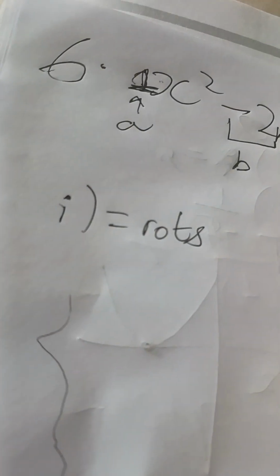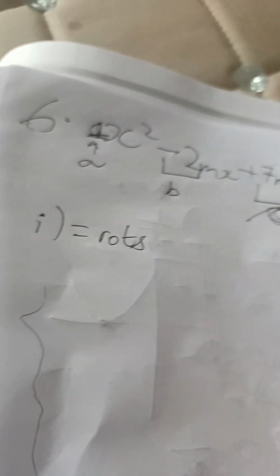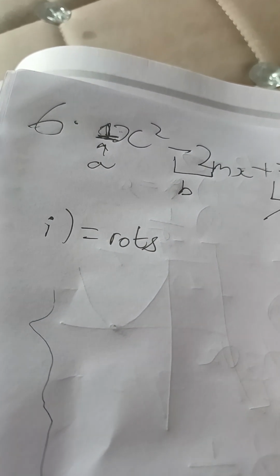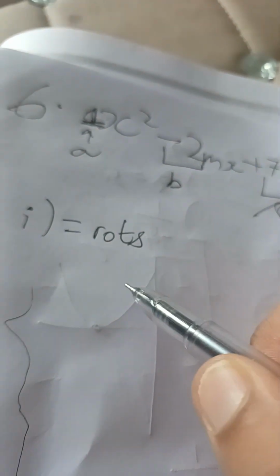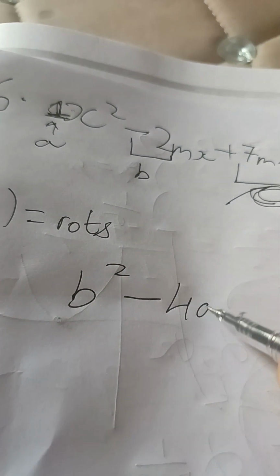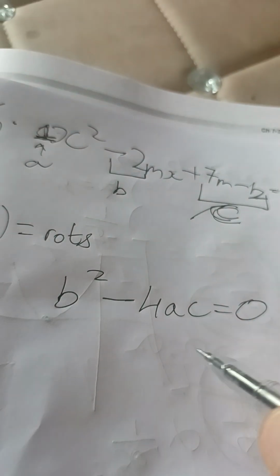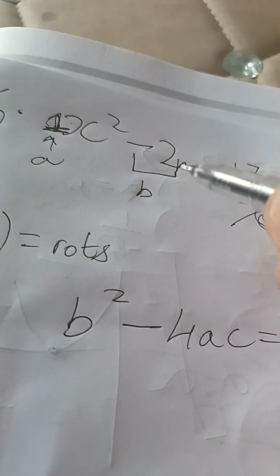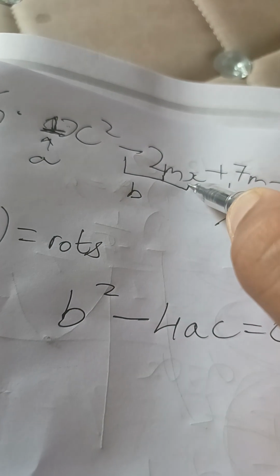Okay, so the first condition is where the roots are equal. The roots are only equal when b squared minus 4ac is equal to 0. Also b is minus 2m, not minus 2.